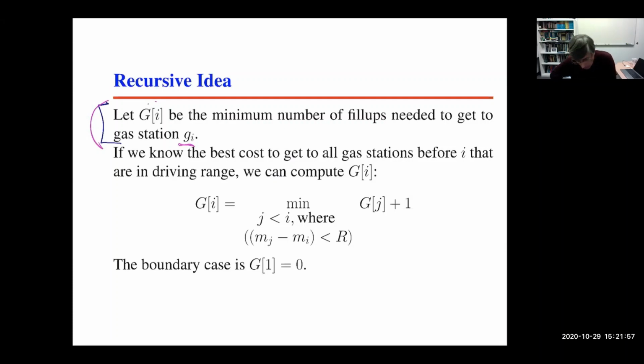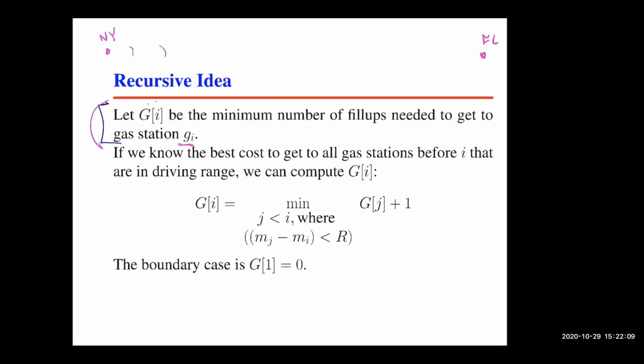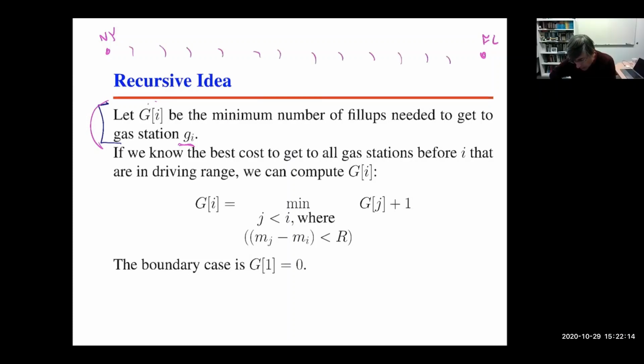I want to drive from my house in New York to my mother's apartment in Florida. So I guess what I need is not just a graph with all the gas stations. The last, quote unquote, gas station, let's say, is my mother's house. This is gas station 1, 2, 3, 4.